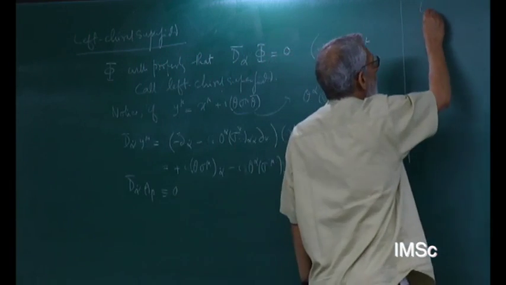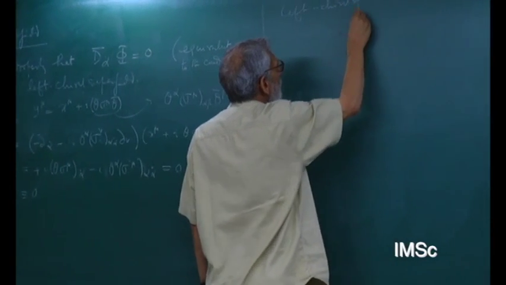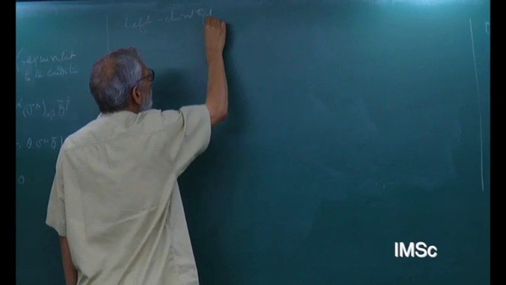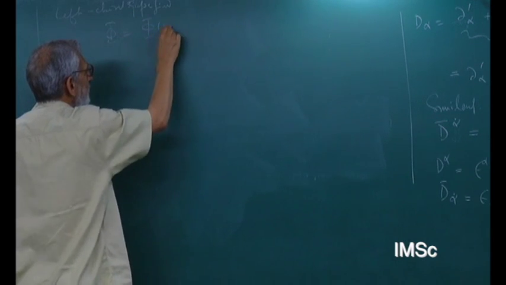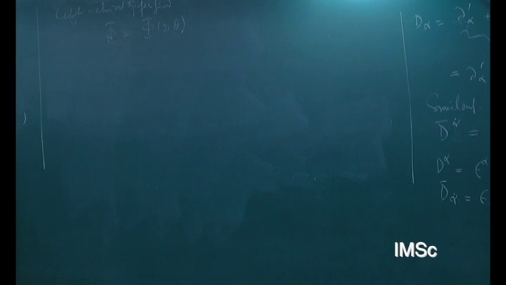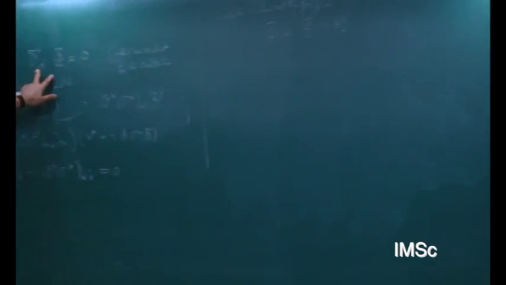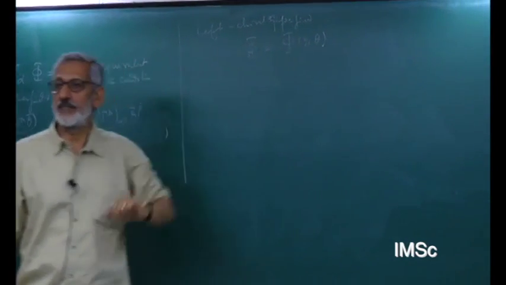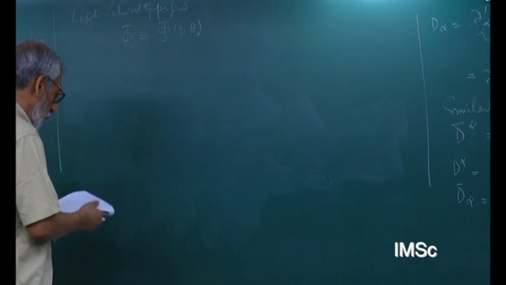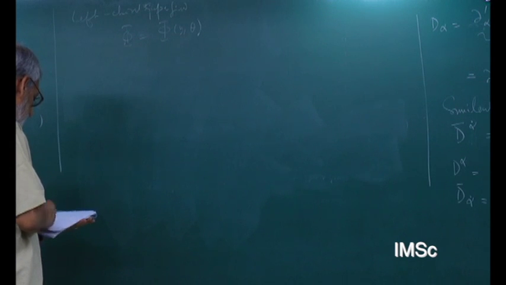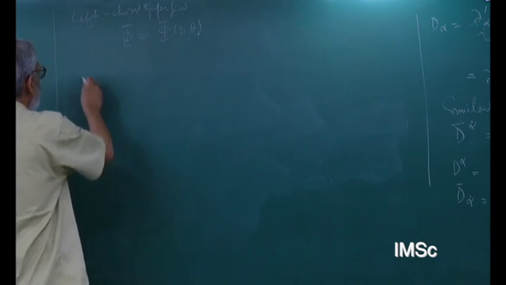So a left chiral superfield is a function of y and theta, and by construction such a chiral field will satisfy this chirality condition, because both y and theta satisfy that.